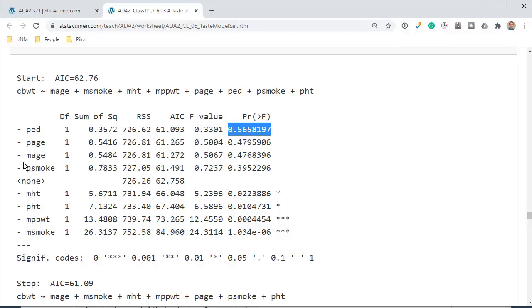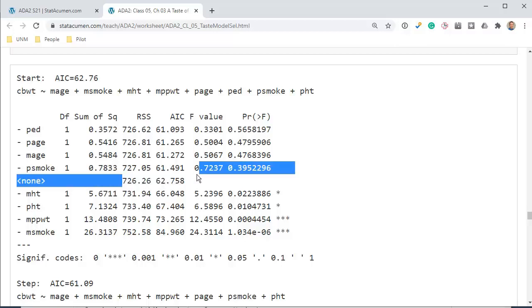These choices down this first column are changes to the model. The minus sign means that you would remove the variable, and father's education is the first one. If you removed father's age, mother's age, or smoking, you would all do better, meaning you'd have smaller AIC values than doing nothing, which is the current model where we're at.